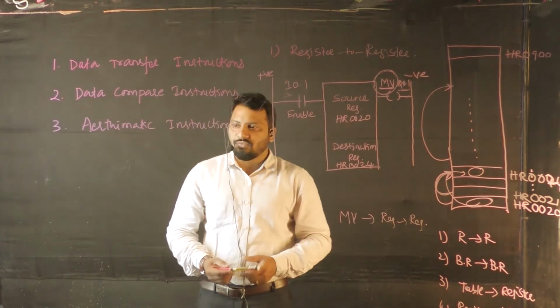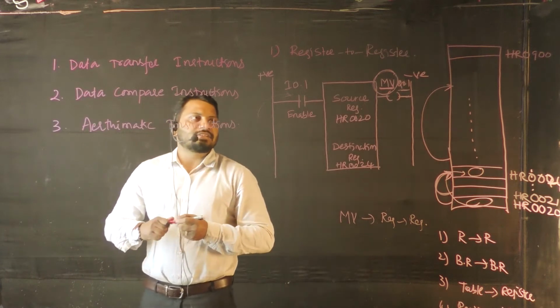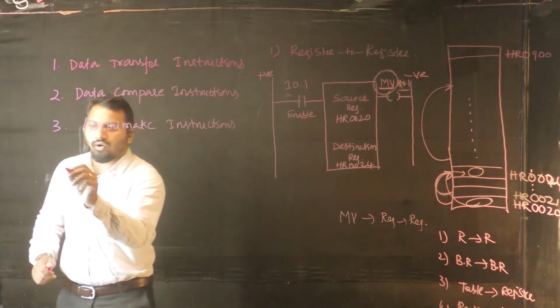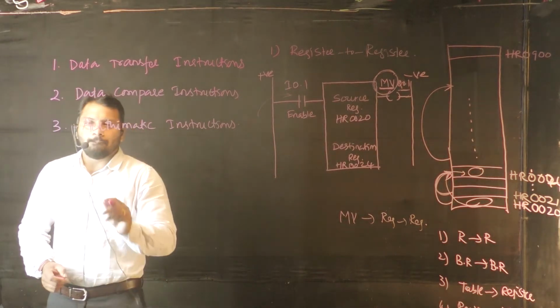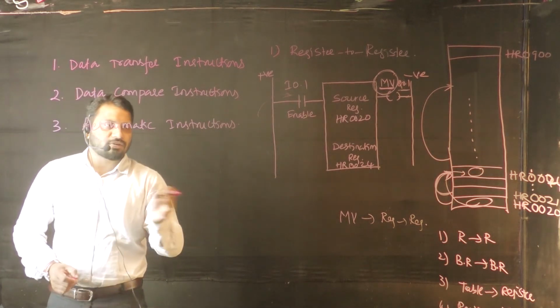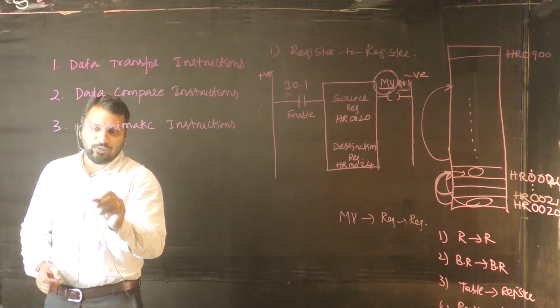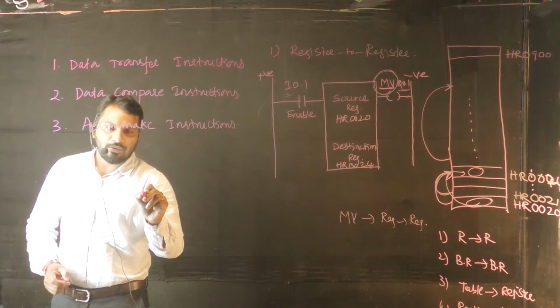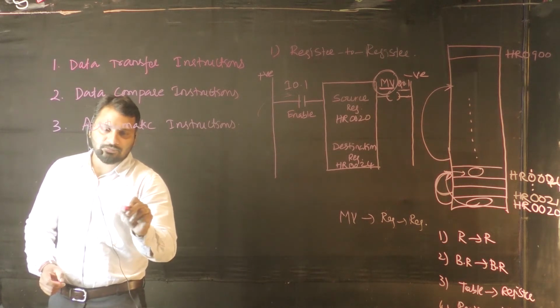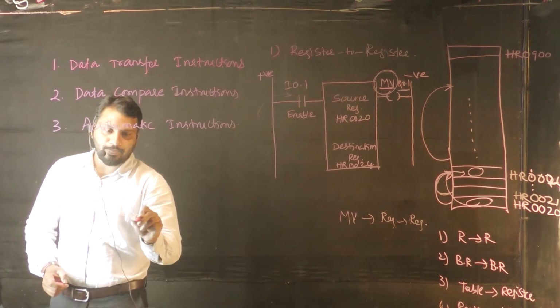And the second instruction. What is the second way of data transfer? Block to block transfer. Block to block transfer means some memory locations present in the RAM, some set of locations in the RAM.